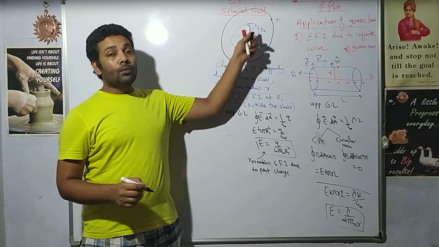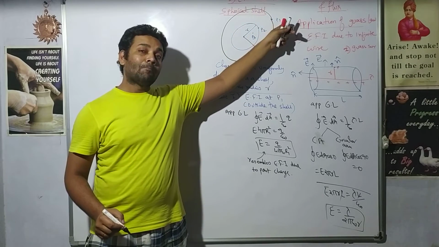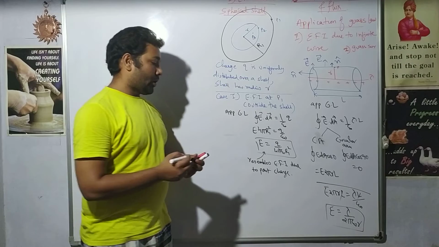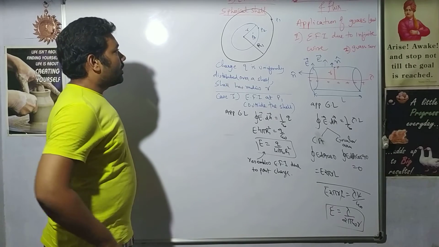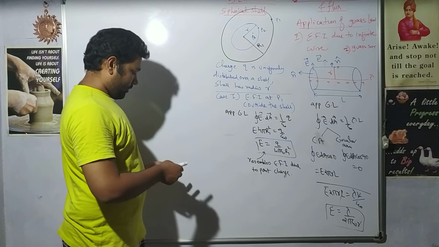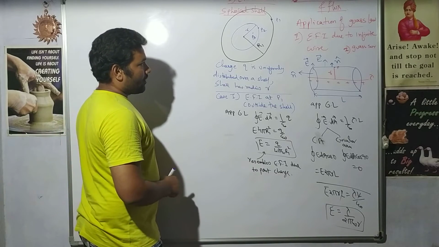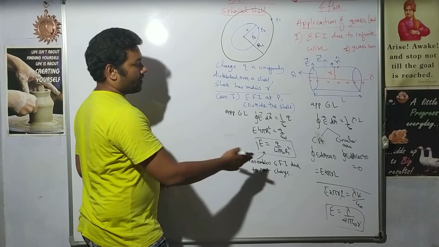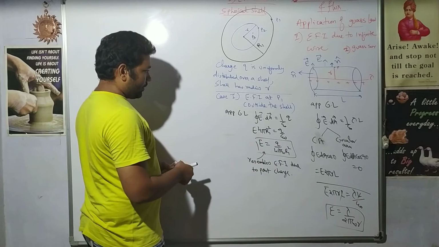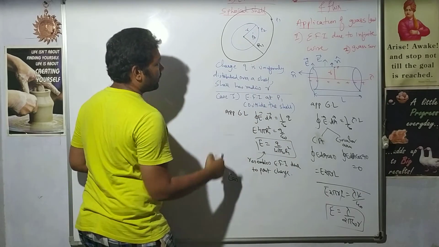So the shell will produce the same effect at some distance far away as produced by the point charge, right? Then next we want to calculate electric field intensity on the surface. If I want to calculate it on the surface, then it is simple: I can substitute radius R1 as the radius of the shell.